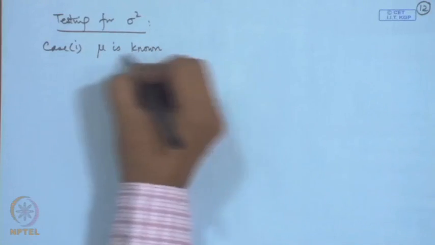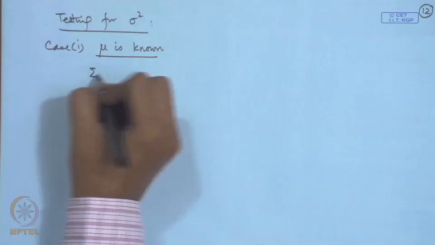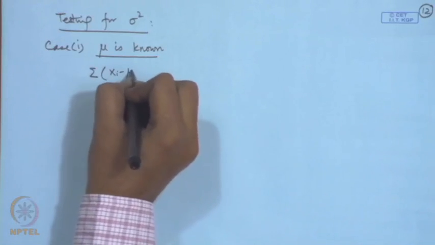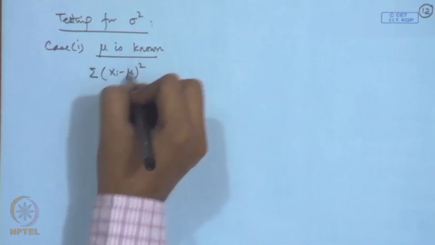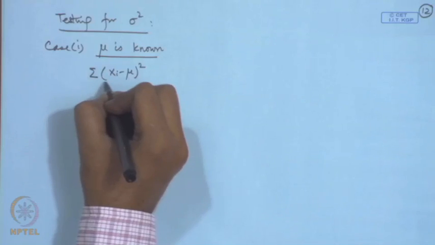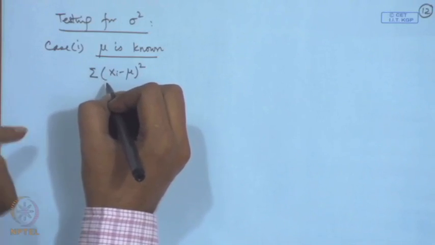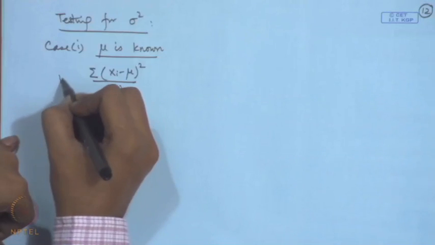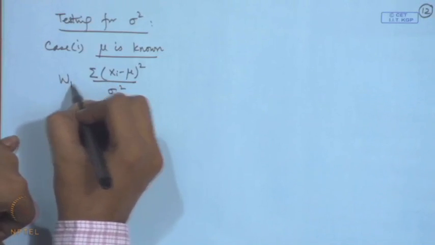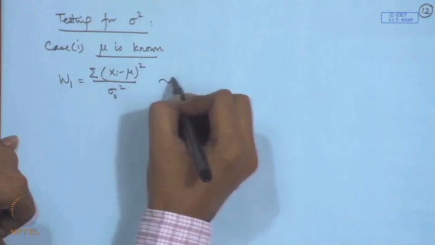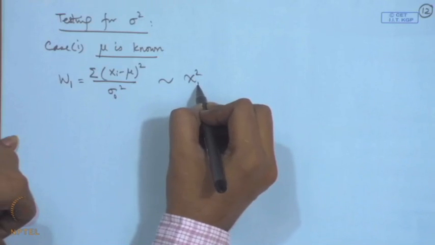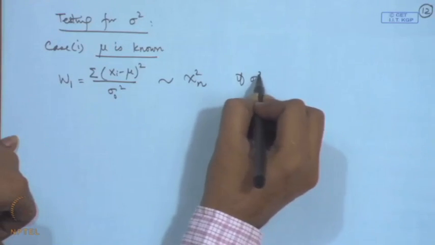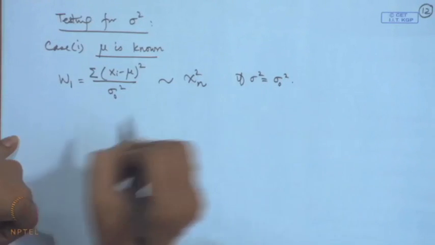If mu is known, then we can consider the sum of xi minus mu square, and we can consider this divided by sigma naught square. Let us call it say W1. Then this follows chi square on n degrees of freedom when sigma square is equal to sigma naught square.